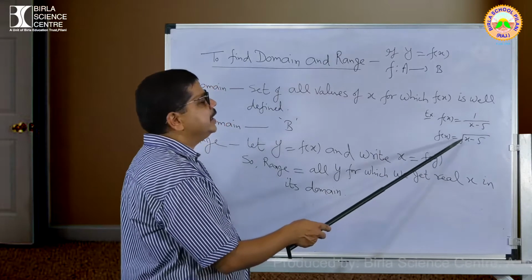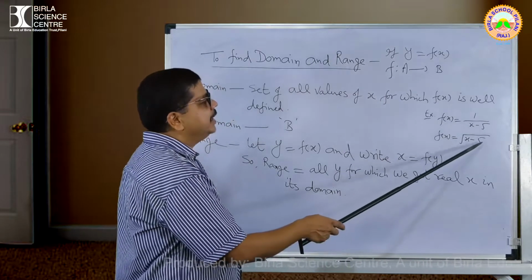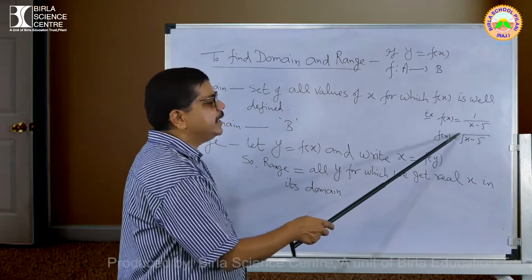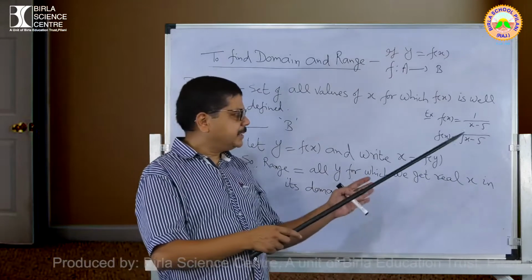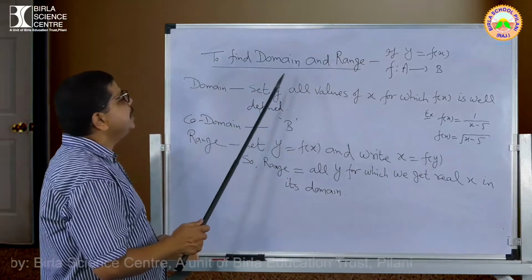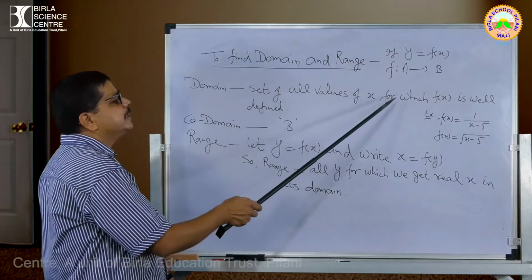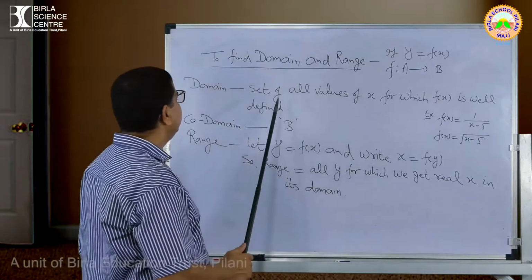Similarly, in this one, if the values of x are less than 5, then a negative sign comes inside the square root, which is again not defined. So the domain will be the set of all those values of x for which the function remains well defined.